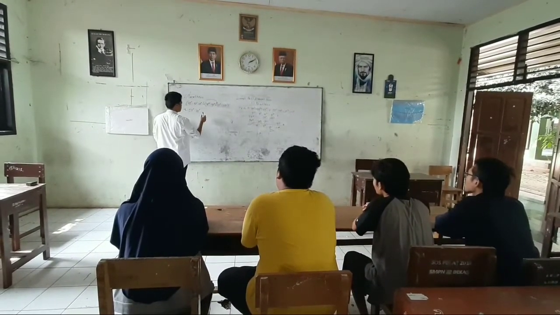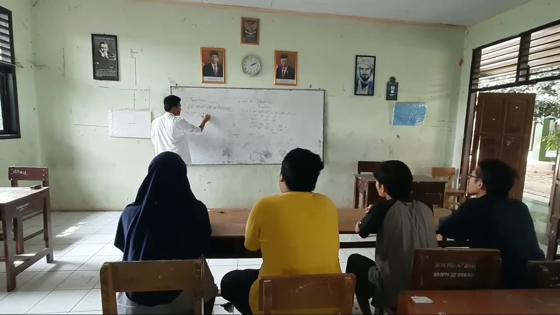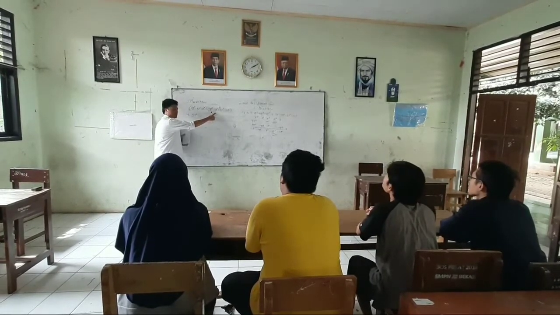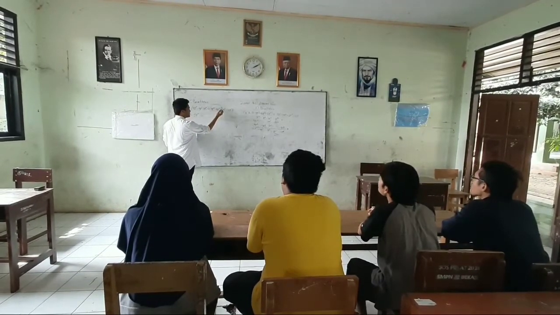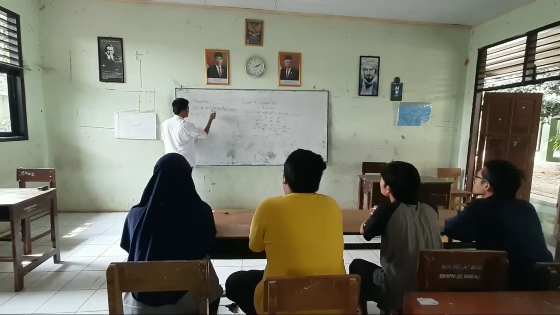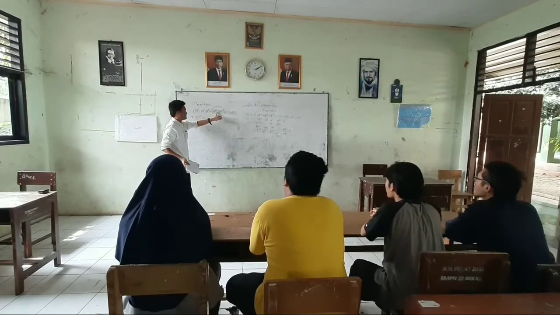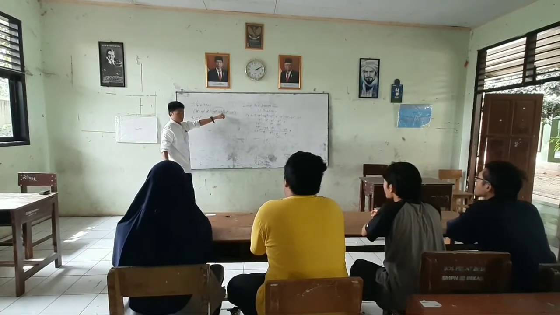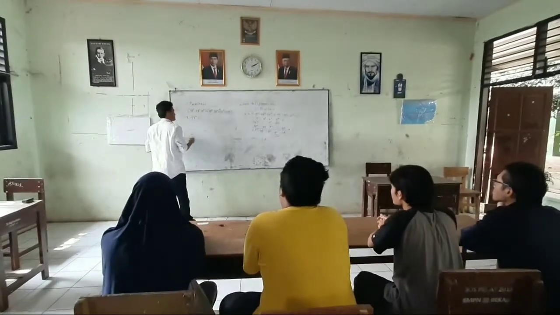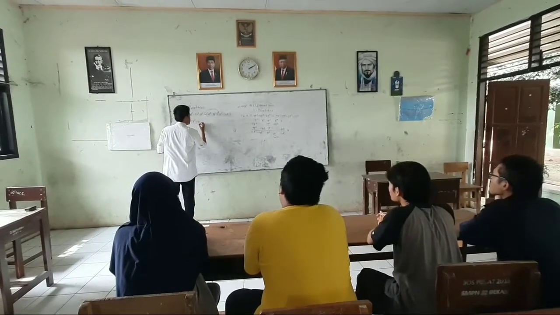Oh, sorry. This one is higher and has a higher index value, so we have to put this down first. Negative means negative 4p power 4. The answer is 4 plus 4p power 4.